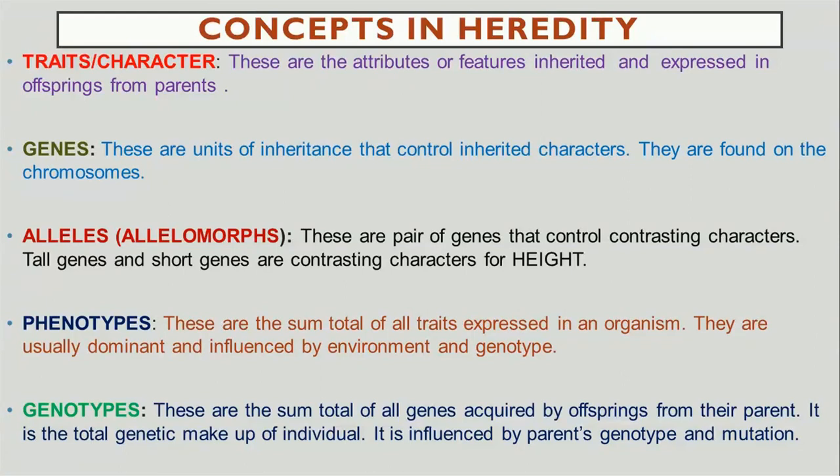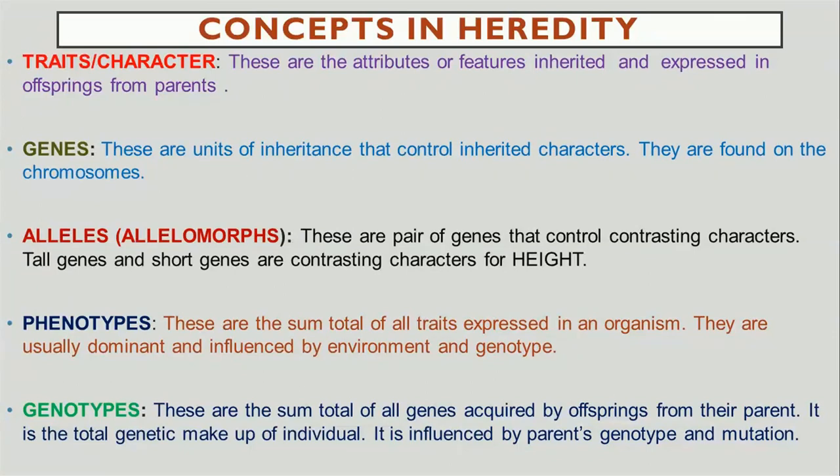Now, next one is genotypes. These are the sum total of all the genes acquired by an offspring from their parents. All the genes an individual acquires from his or her parents make up the genotype of such a person. It is also the total genetic makeup of an individual. What are the things that can influence genotype? Yes, parent genotype determines your genotype. Don't forget, you acquired your genes from your parents.